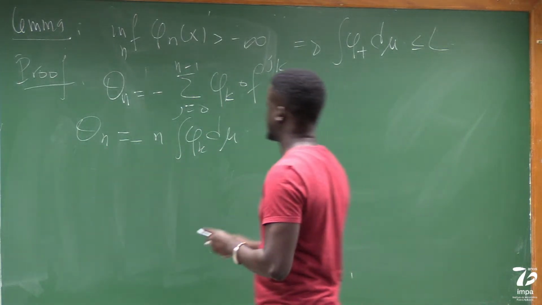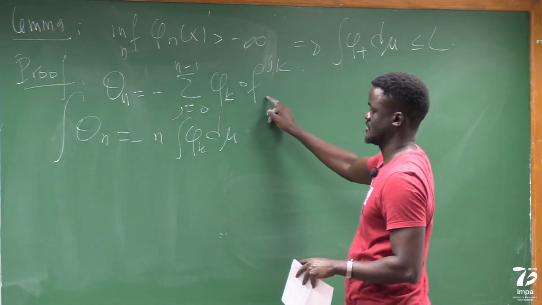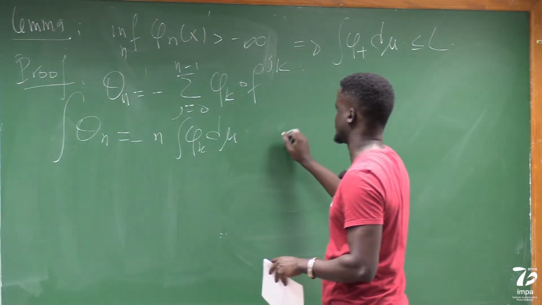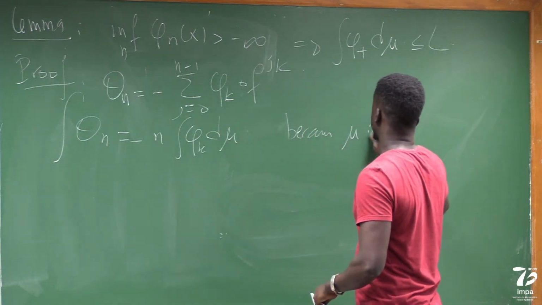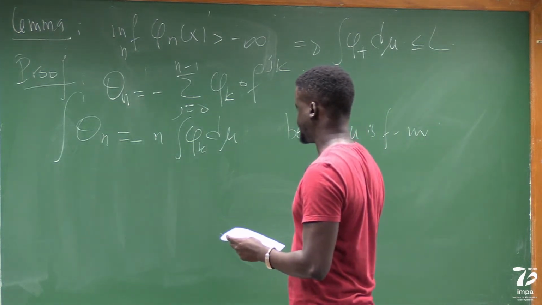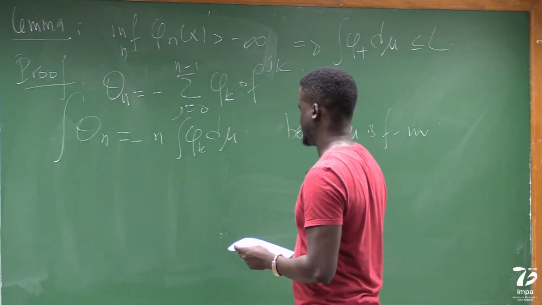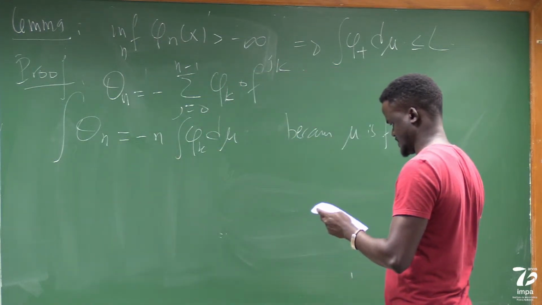What did I do? It's the integral of this, because mu is f invariant. Again, here this uses f invariance.